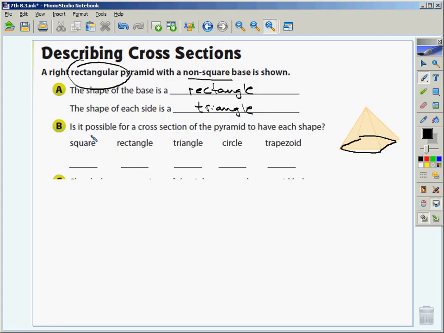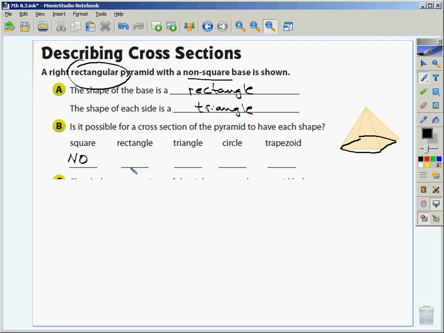They said, is it possible, if I take a cross section, to get a square? Yes or no? The answer is no. If this was square on the bottom, I could get a square. But because it's rectangular, no matter how I pass it through, I can't get a square out of it. It's still going to be rectangular.